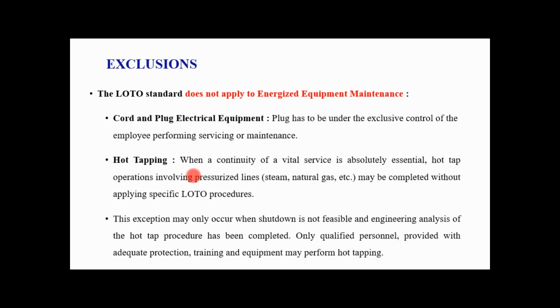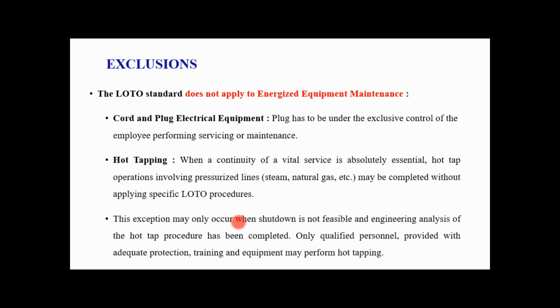In the hot tapping case, we can't stop the operations, we can't stop these pressurized lines like steam and natural gas, and that is why there is an exception to the LOTO systems for hot tapping as well as for cord and plug electrical equipment. So there are some activities which are connected to the energy sources, but still there are some exceptions.